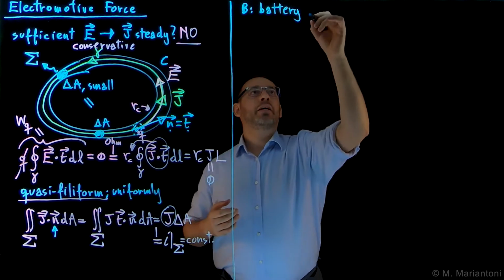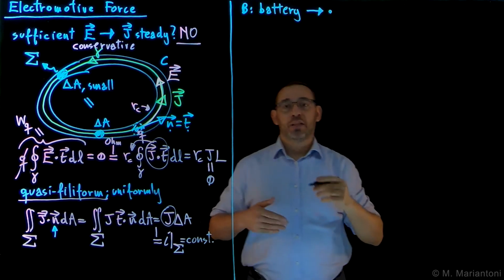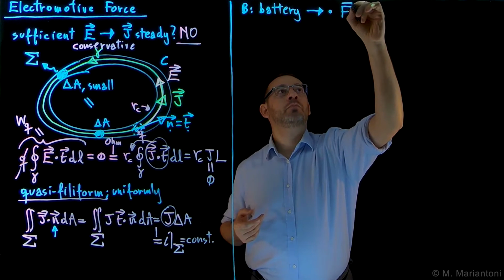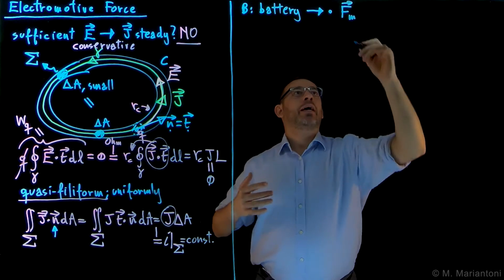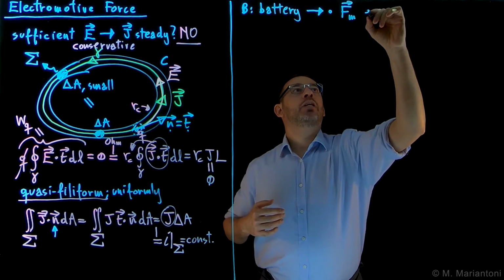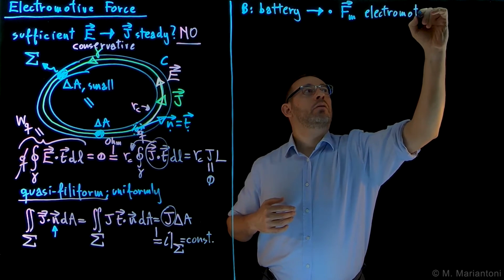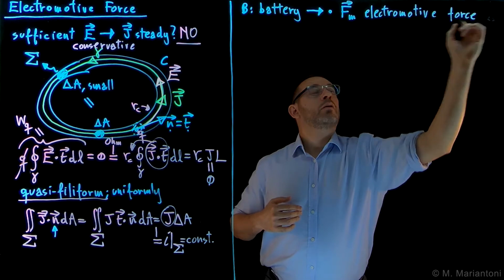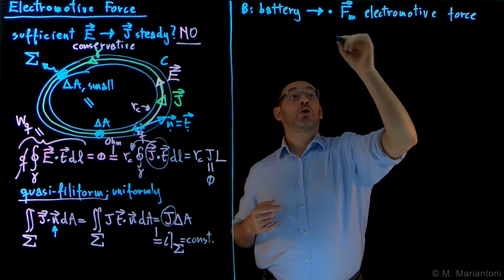So I need a battery, and the first feature of this battery is that it generates a force, which we're going to call Fm, M for motive, which gives motion. Fm is the electromotive force, which is non-conservative.